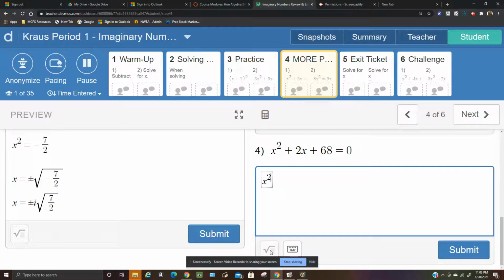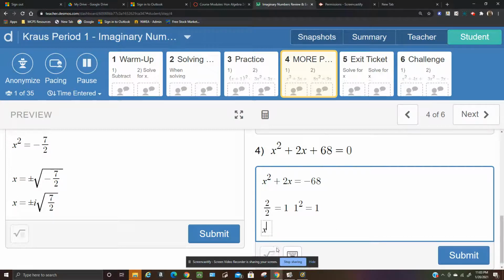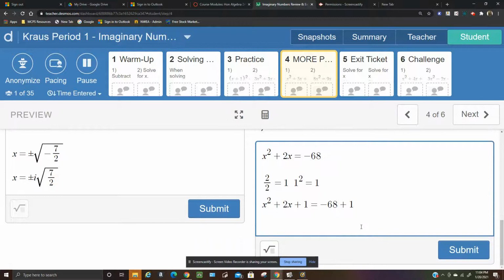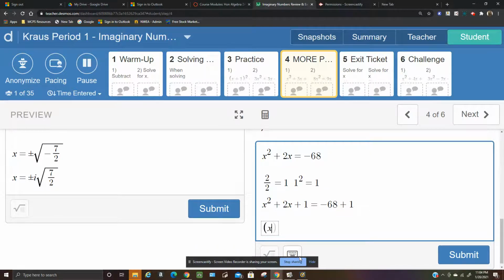So first, subtract 68. 2 divided by 2 is 1. 1 squared. Add 1 to both sides. Back to the left.